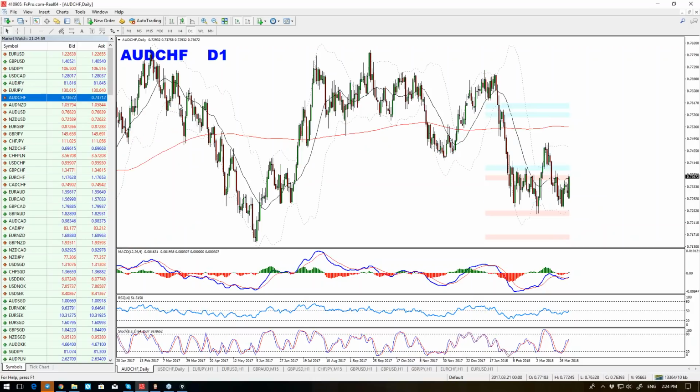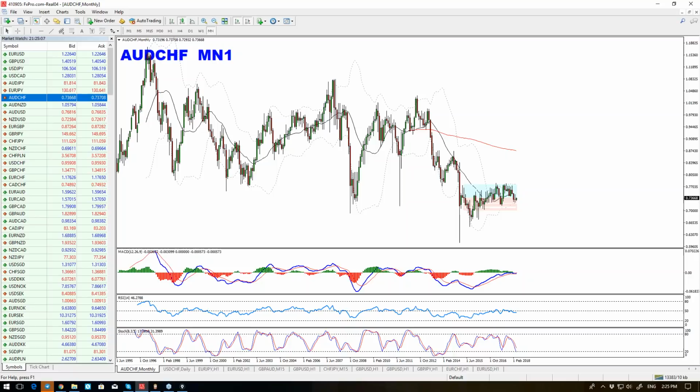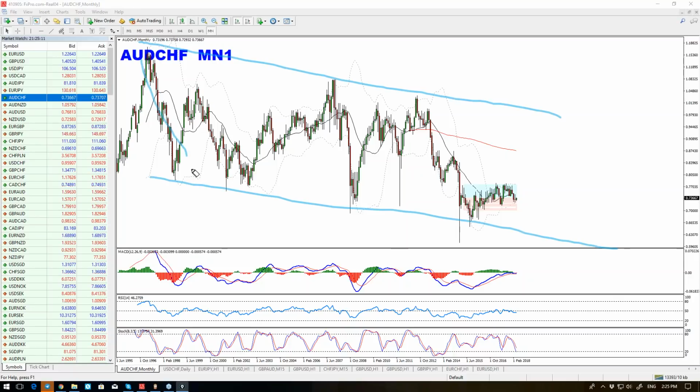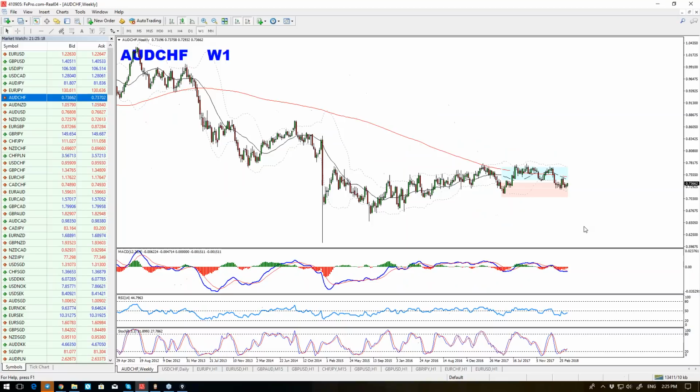Okay, Aussie versus the franc. This is a mystery with this pair, isn't it? According to the long term, we are only after buys. Why? Because we had a beautiful channel, and this is a triple cycle. So for us, we're only after buys. Weekly does not give any bullish divergence, any cycle. Therefore, it doesn't really help us.